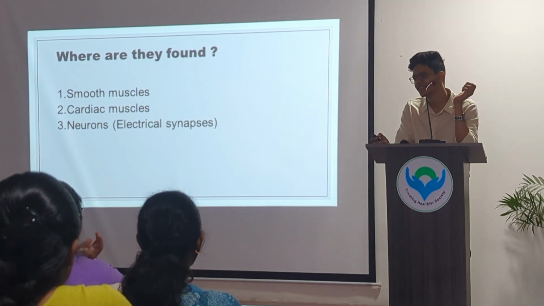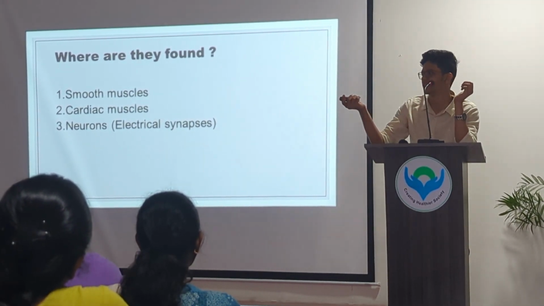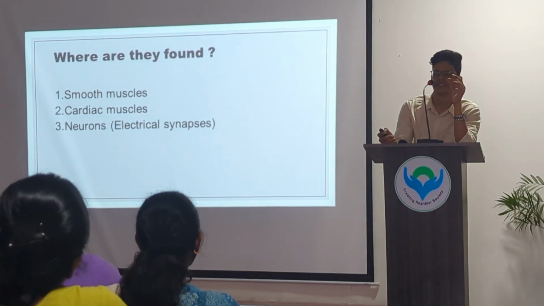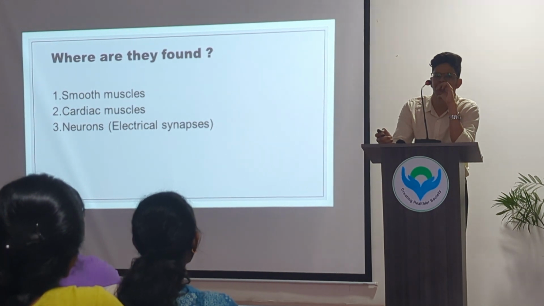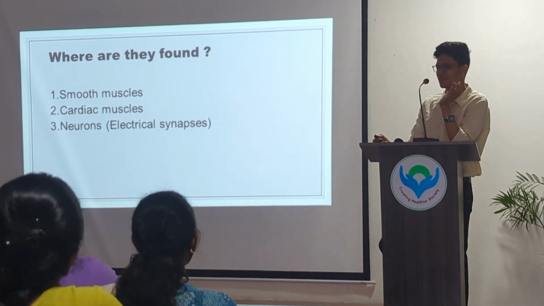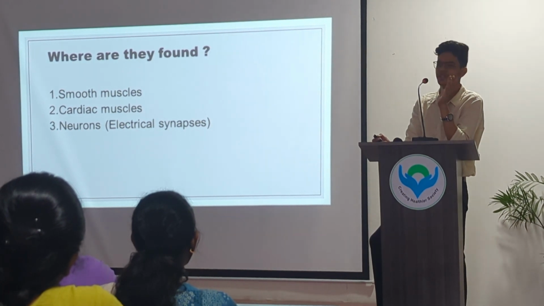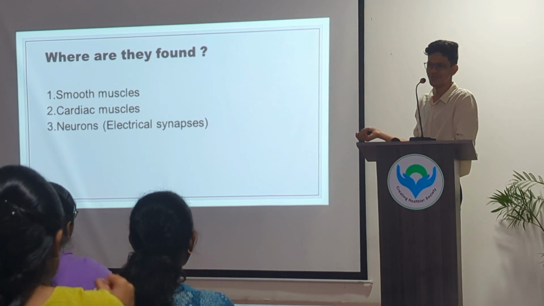Yeah, muscles. Someone said muscles and someone said cardiac cells. Yes, you are very right. We find them in muscles and cardiac cells. Heart is also a muscle, right? So we find them in muscles and also in neurons.